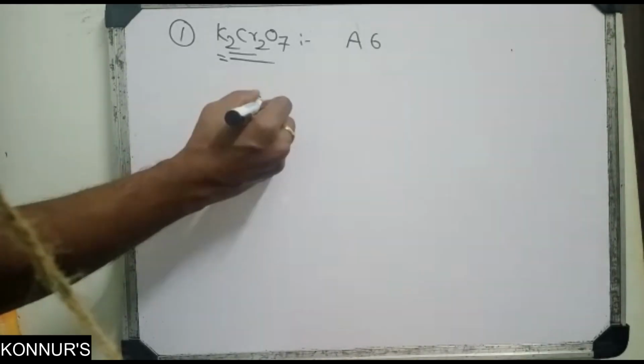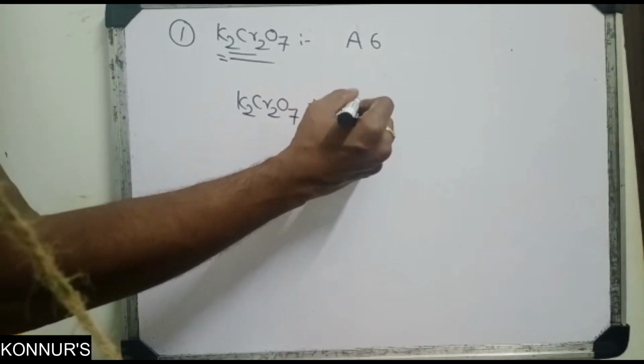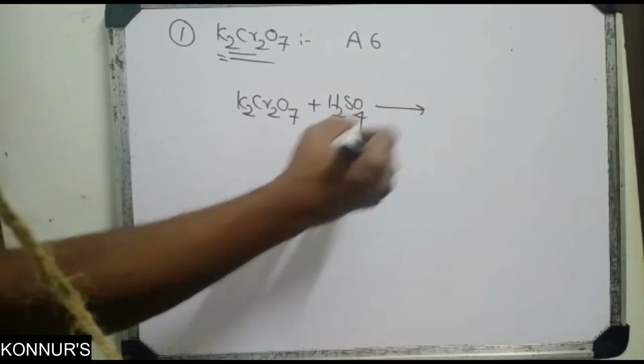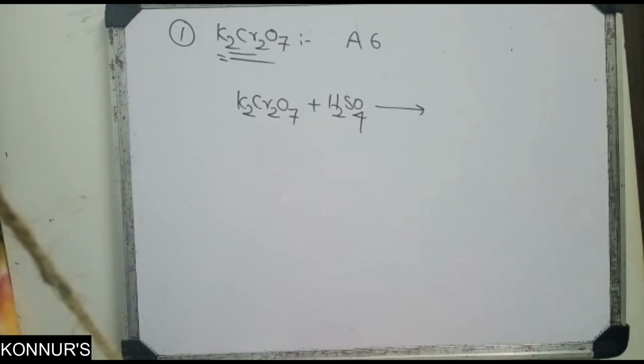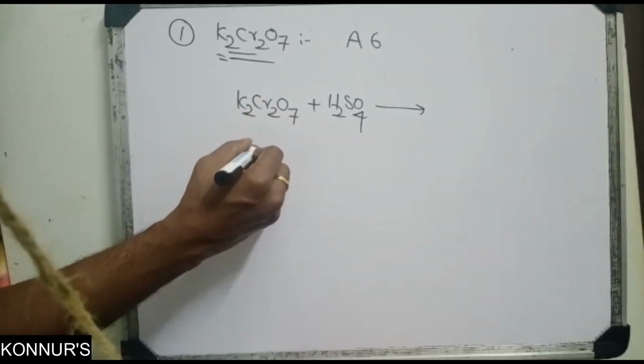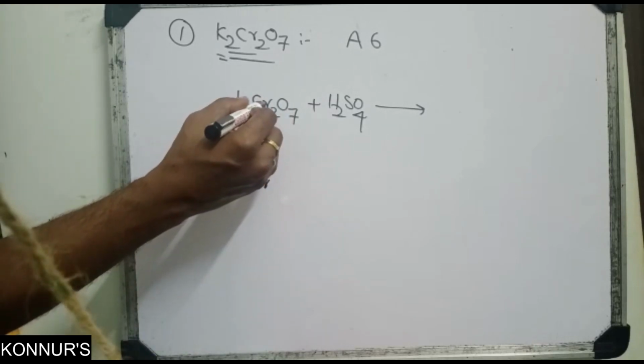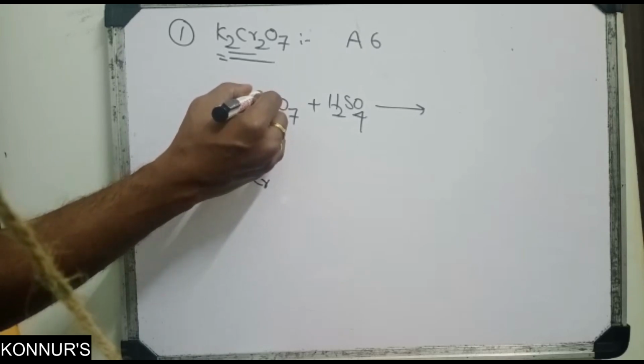See, K2Cr2O7 plus H2SO4. What are the products? Try to write down the products. Take the positives: potassium is plus. Chromium is what? Plus 6.